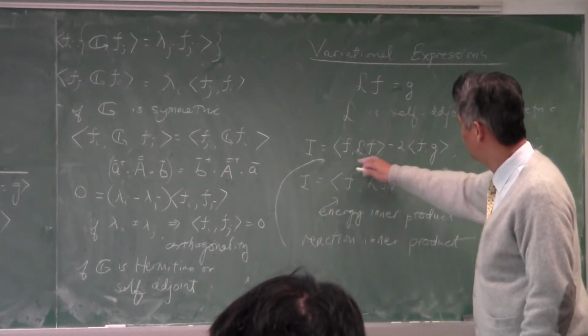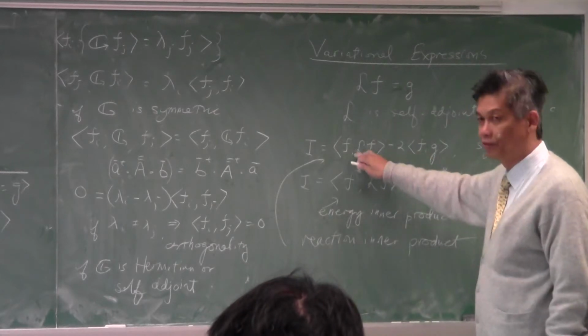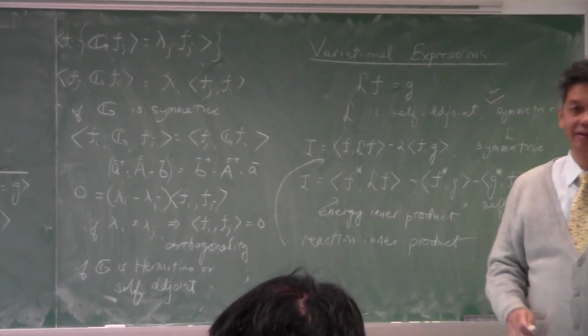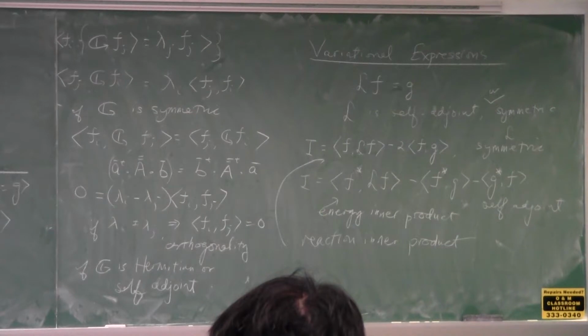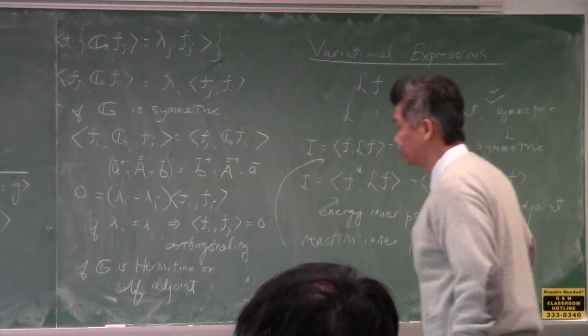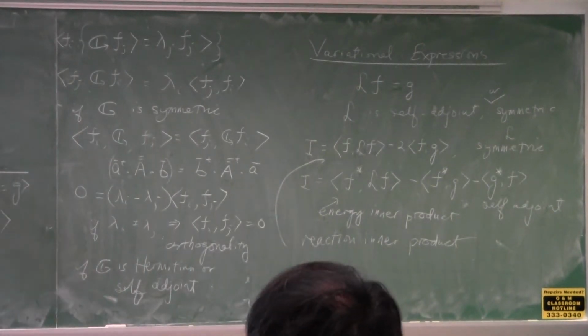Whereas if you choose an inner product of this form without a complex conjugation, we call that the reaction between two quantities. So I will call it the reaction inner product. And I can prove that the solution to a linear operator equation is a minimum of those reactions. And those reactions can be thought of as a functional.